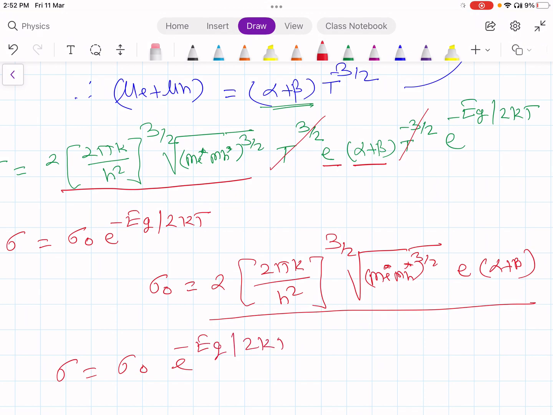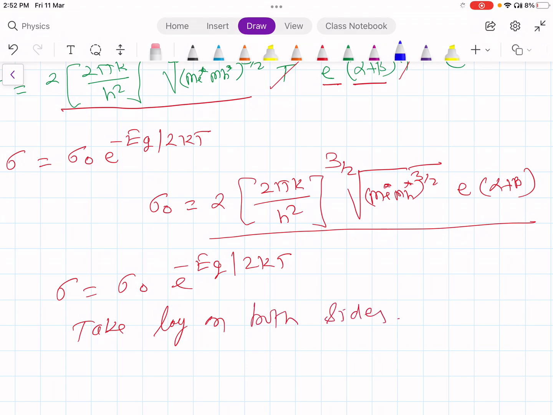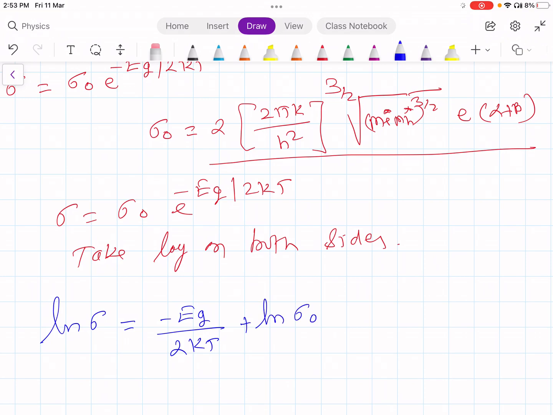We got this relation, sigma equals sigma naught e raised to minus Eg upon twice kT. Let's take log on both sides. What we get is ln of sigma equals minus Eg upon twice kT plus ln of sigma naught.